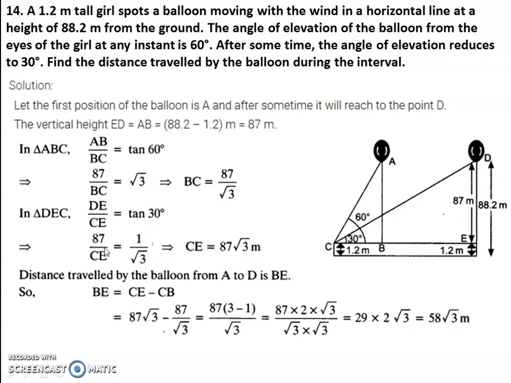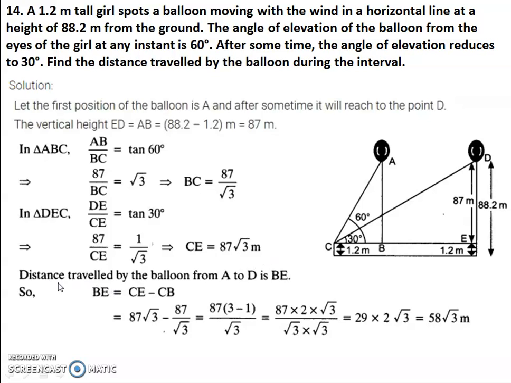So 87 by CE is equal to 1 by root 3, that is opposite side by adjacent side is equal to 1 by root 3. From this, we conclude that CE is equal to 87 root 3 meter.